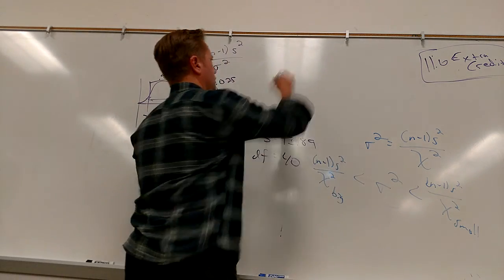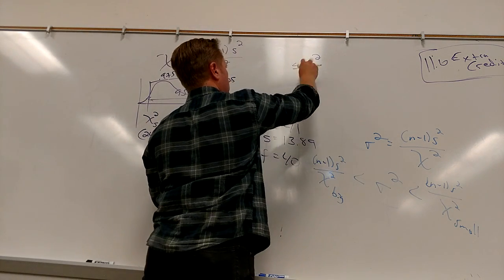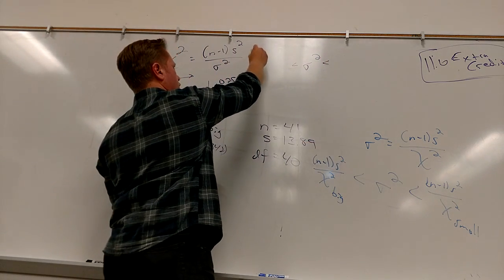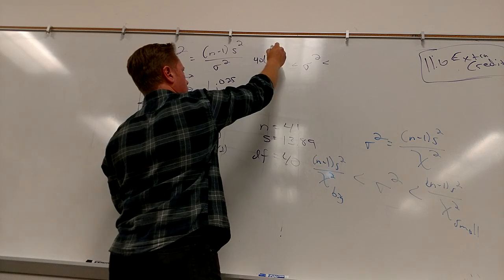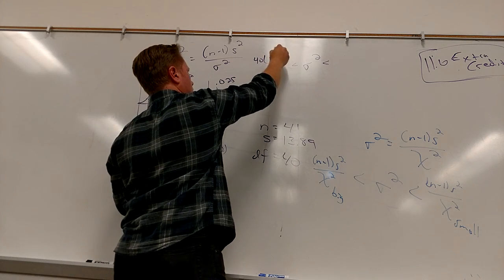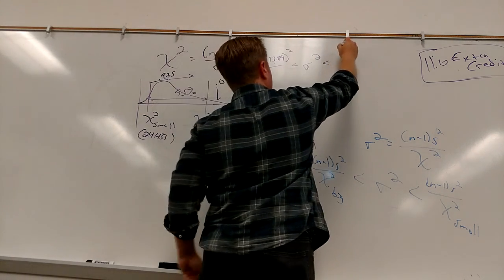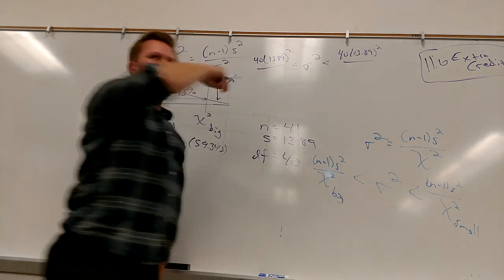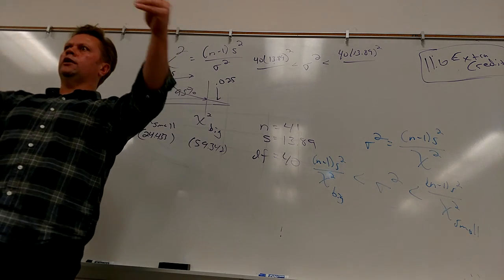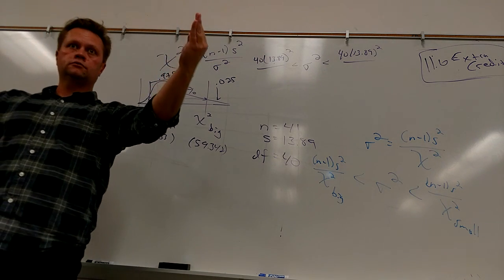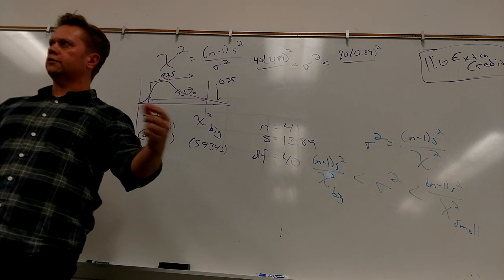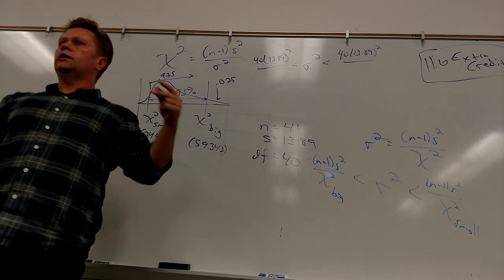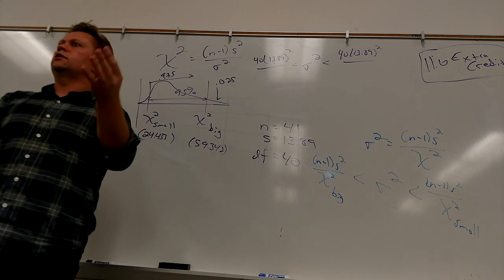If I put true variance, this will be 40 times 13.89. It's the same on both sides, the top. On the bottom, it's just going to be the different chi-squares that relate to the bottom and top of the interval. The reason the formula looks worse: 2 things. We're not used to chi-squared as much, and secondly, it's not a symmetric distribution. It's not going to look as pretty because it's not symmetric.